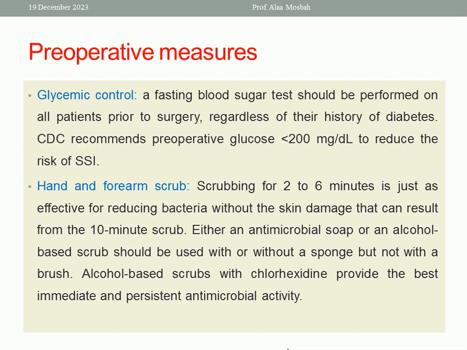In the past, they used to say for scrubbing of hand and forearm for the surgeon and the assistant, you should use a 10-minute scrub and also use a brush. Okay, there is no need to use a brush, and the time is changed now.